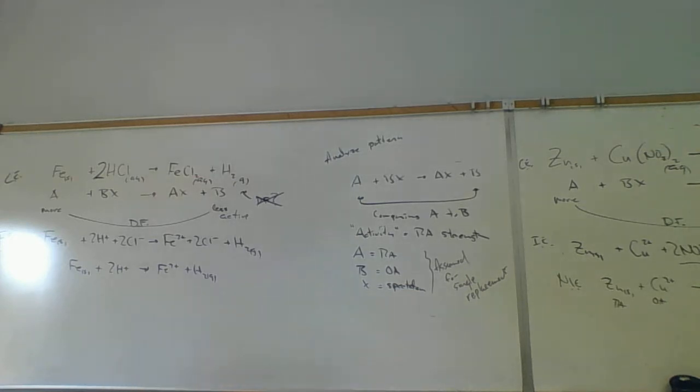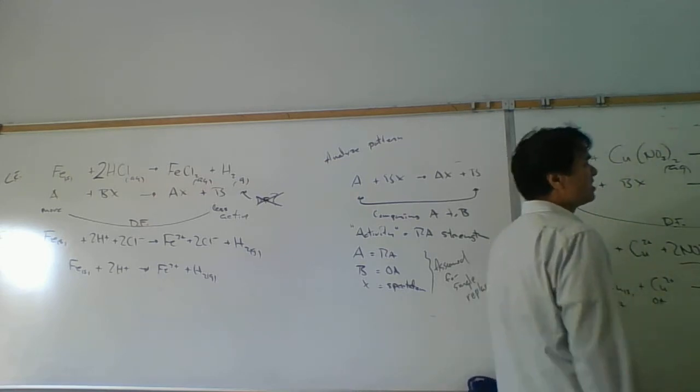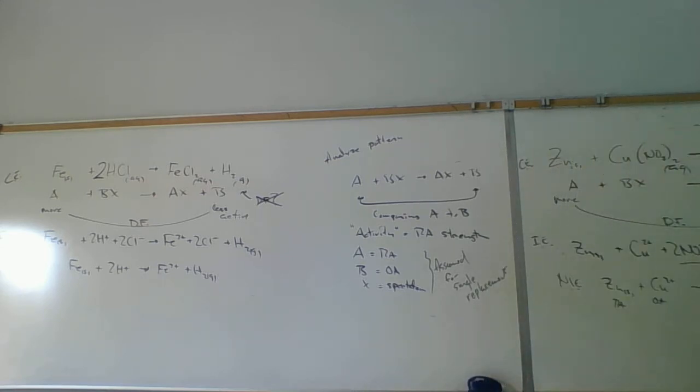Okay, when we look at the activity series, we see some additional information there. This additional information is just to give you an idea of how reactive these species are. For example, lithium, potassium, barium, strontium, calcium, sodium will replace hydrogen from liquid water, steam, or acid. In other words, these metals are so reactive, so active, that they can react with liquid water.